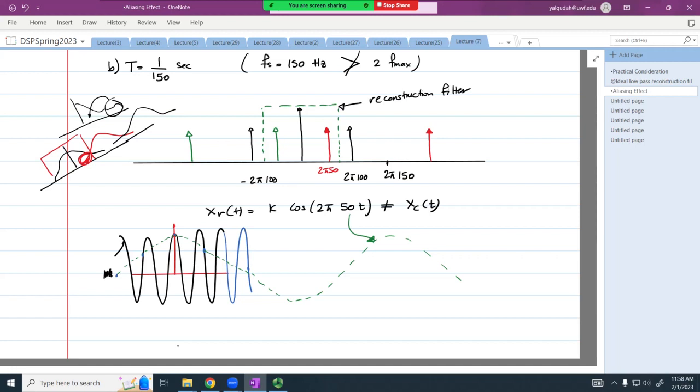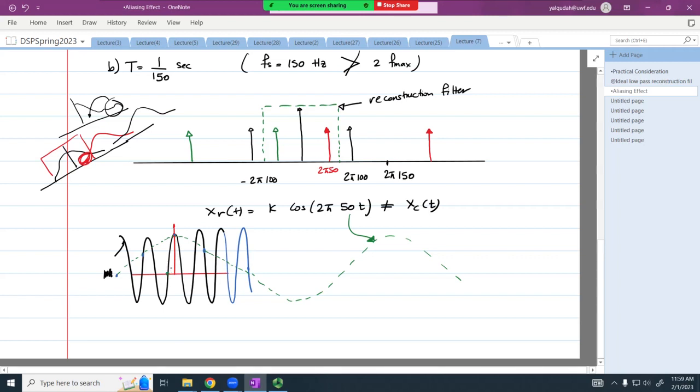So you might go to MATLAB, generate your time index, generate the cosine or a sine, plot it, and look at it and say, look, it's a perfect cosine, but it could be a perfect cosine of the wrong frequency, exactly like this. If I want to generate this black sinusoidal signal in MATLAB, I have to make my sampling time very small.